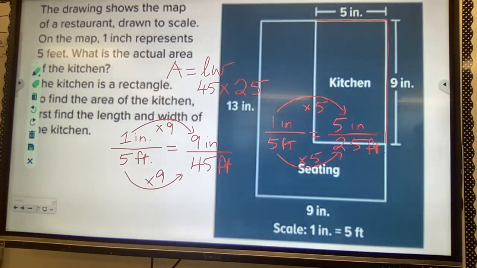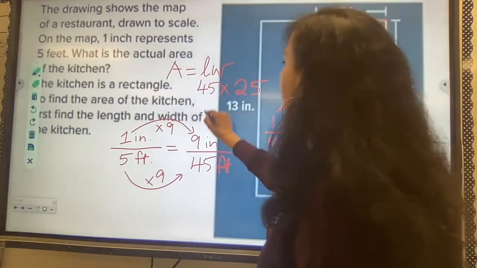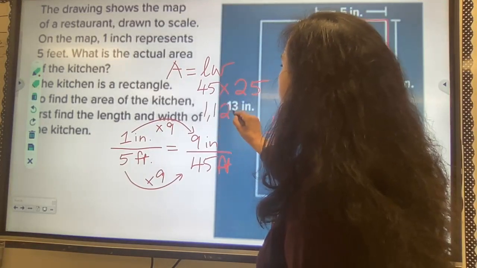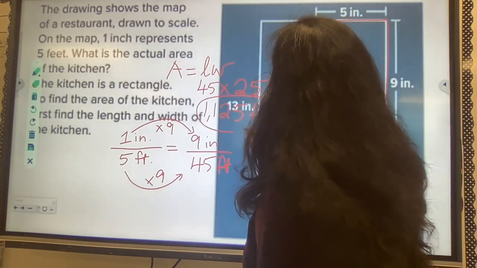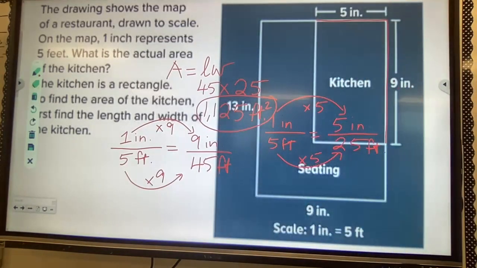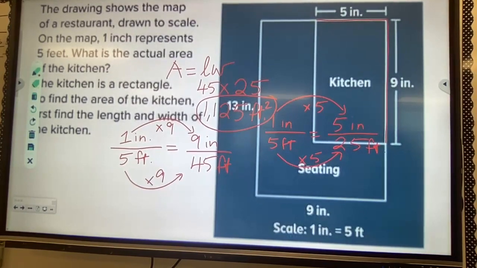And so 45 times 25, I am going to get 1,125 square feet. And that is the actual area of the kitchen in square feet. And that's how we do these calculations.